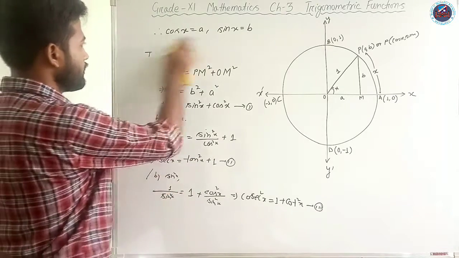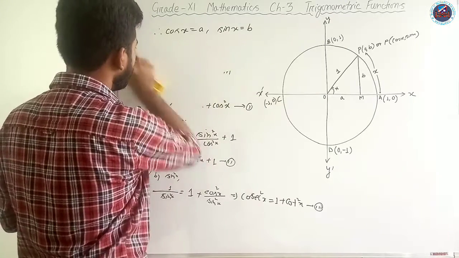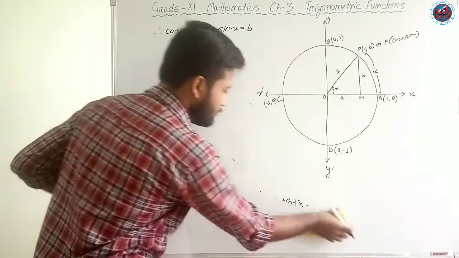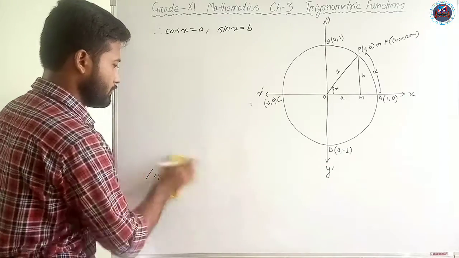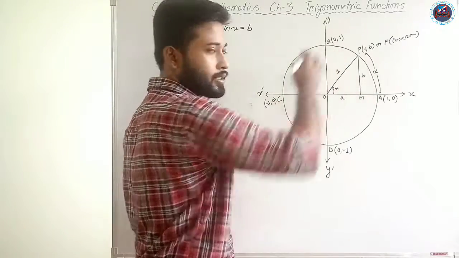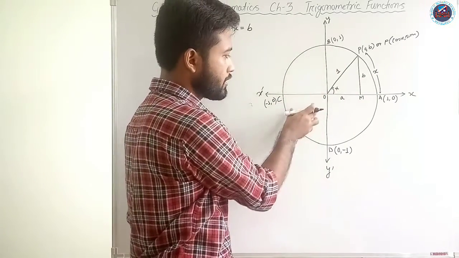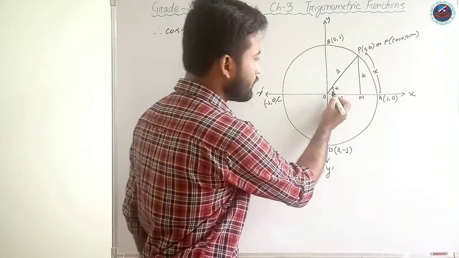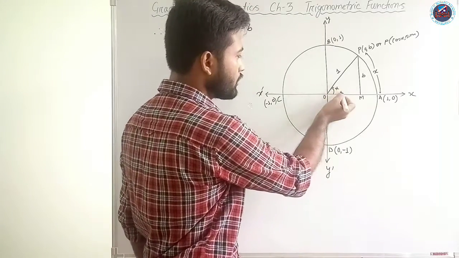Now we shall see certain properties from the unit circle. Here we can see that this is our first quadrant, this is the second quadrant, this is the third quadrant, and this is the fourth quadrant. What is this angle from here to here? This total angle is 90 degrees.